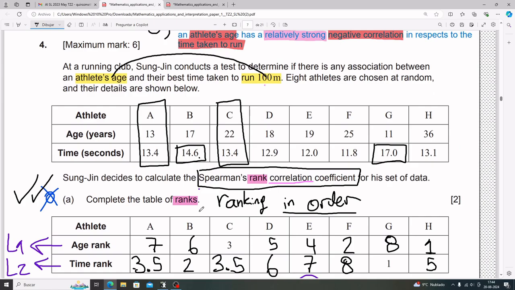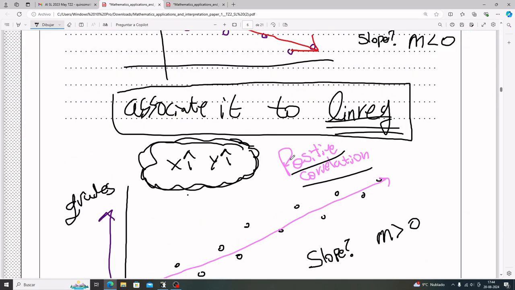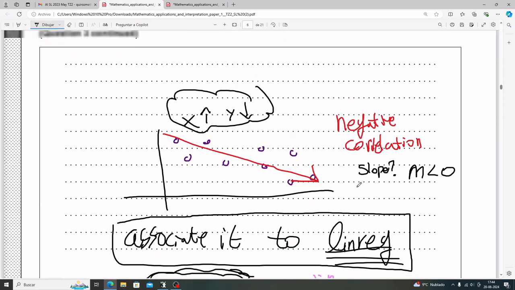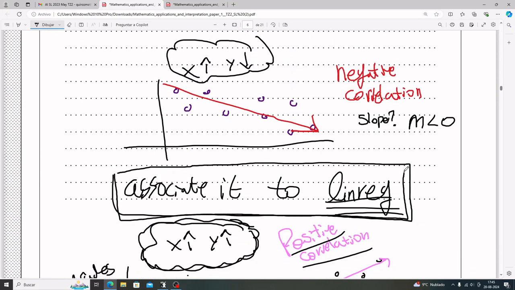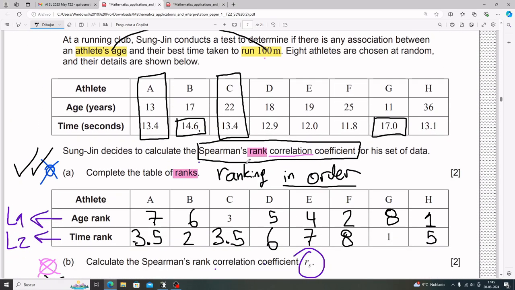So remember back in the day where I told you what correlation was, and I also told you that you associate it to line of regression. The thing is, the way you calculate correlation comes in many different ways. There is more than one way to calculate correlation. One of them is by ranking them in order.